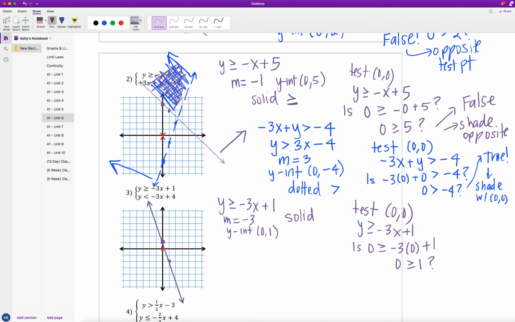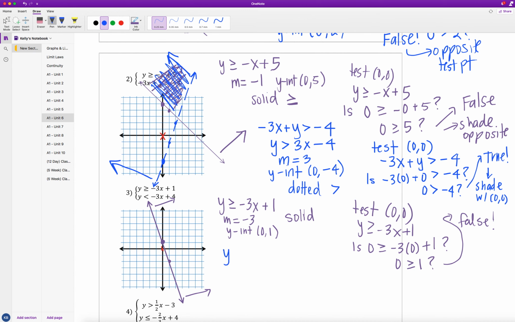So that's asking, is 0 bigger than or equal to 1? Is that a true or a false statement? This is going to be a false statement, which means that I will shade opposite 0, 0. So my shading would go up. Again, I'm just going to draw my kind of arrows to remind me later on after I have the second line drawn.